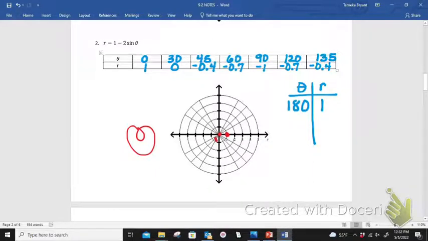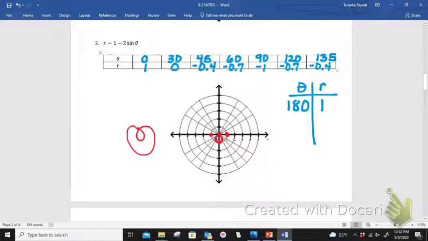At 90, I'm at -1. So I'm doing my inner loop now. And at 120, I'm at a little less. We can see we have that inner loop forming there. And then at 180, I'm at 1.